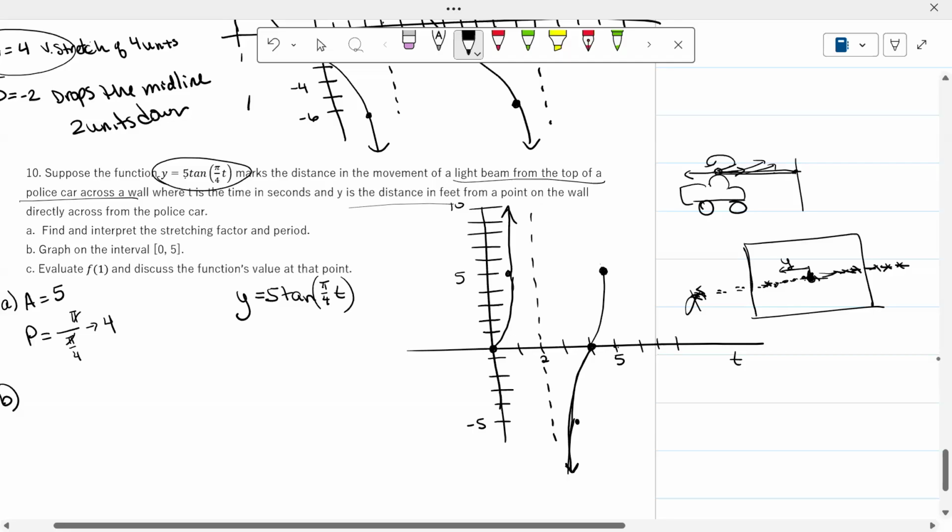Okay. So if we follow on the graph here, first we're right at that spot. We're 0 feet from that spot. Then it increases until you're at the time of 2 seconds, right? At the time of 2 seconds, the light beam from the top of the car is parallel to the wall, so it's not going to hit the wall.